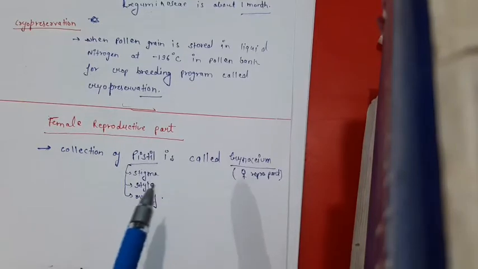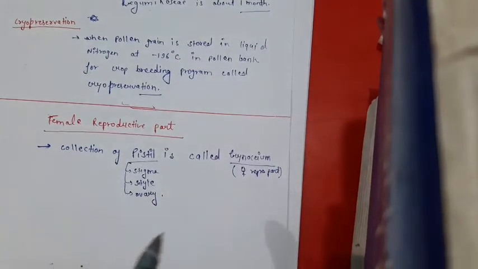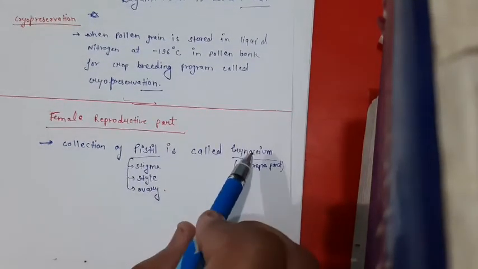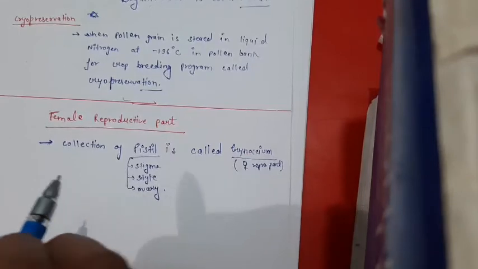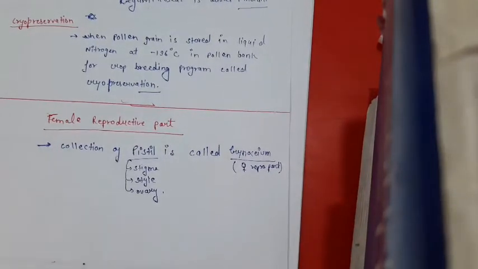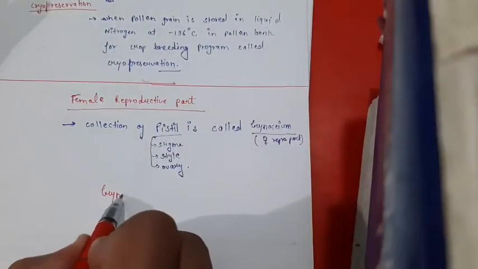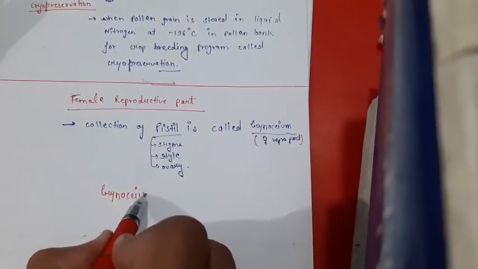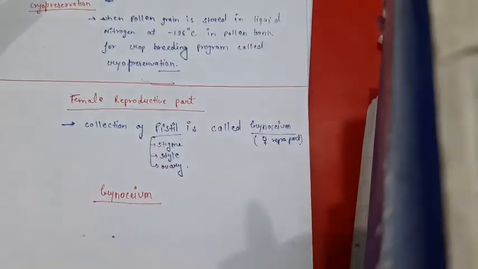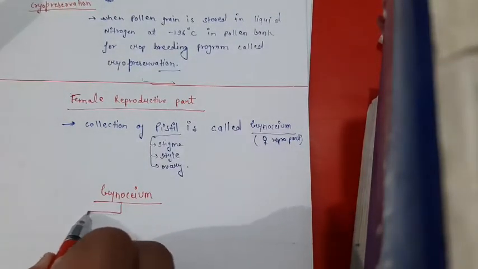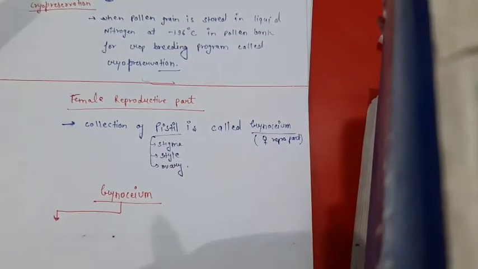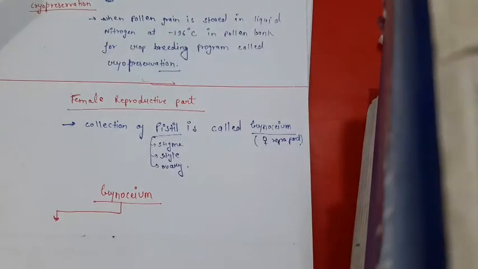Now friends, we'll discuss some classification of gynoecium. Gynoecium is the female reproductive part. So first is one pistil.